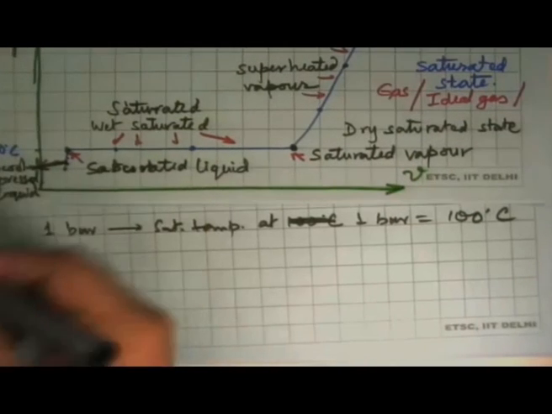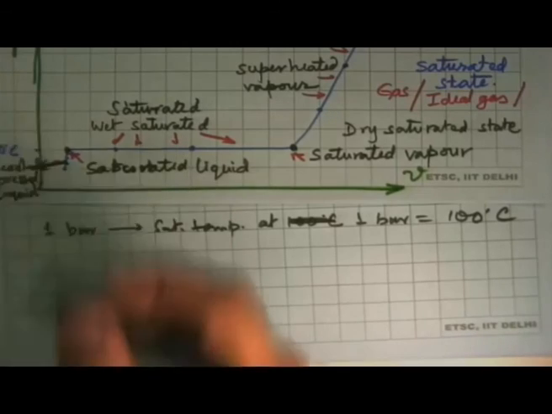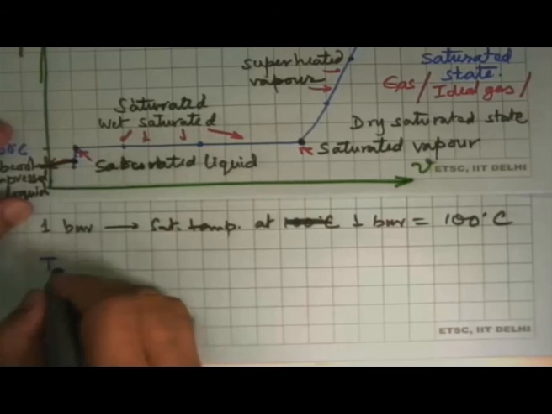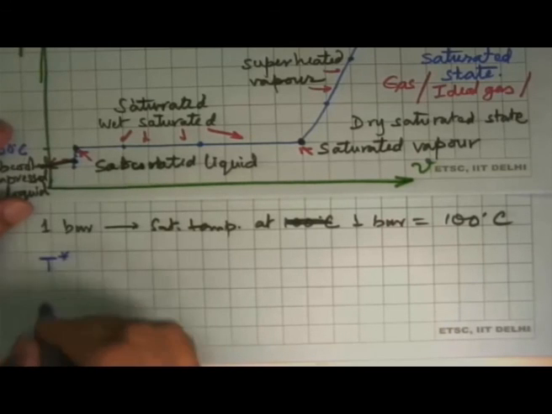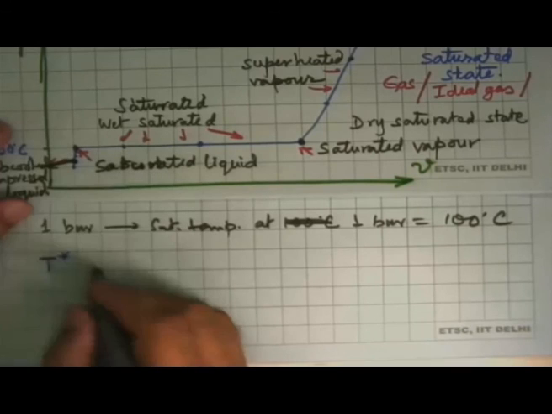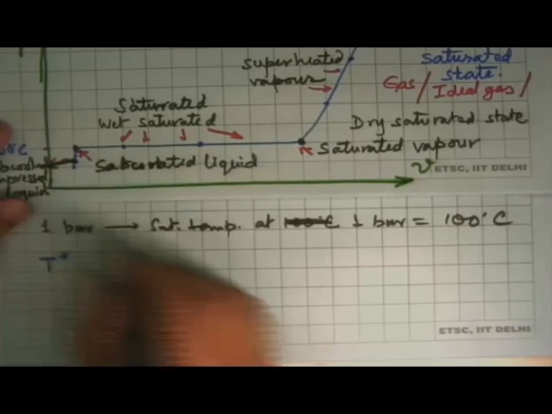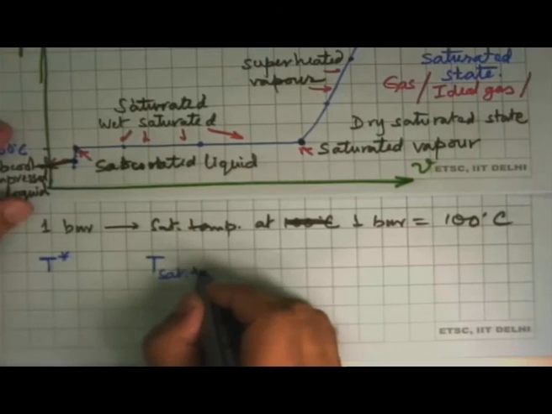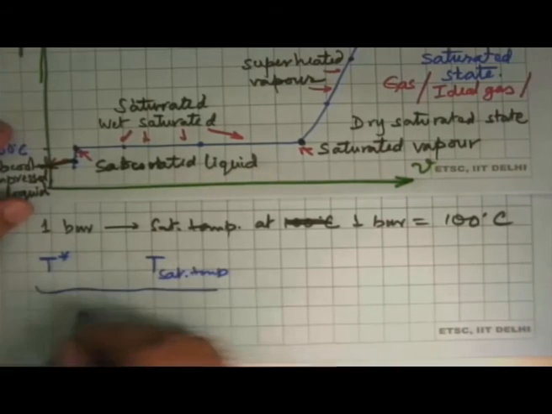So what you are seeing is this, that on this chart, for a state which is over here, the temperature, say we will call it T star, this temperature, and compare it with the saturation temperature at the same pressure.